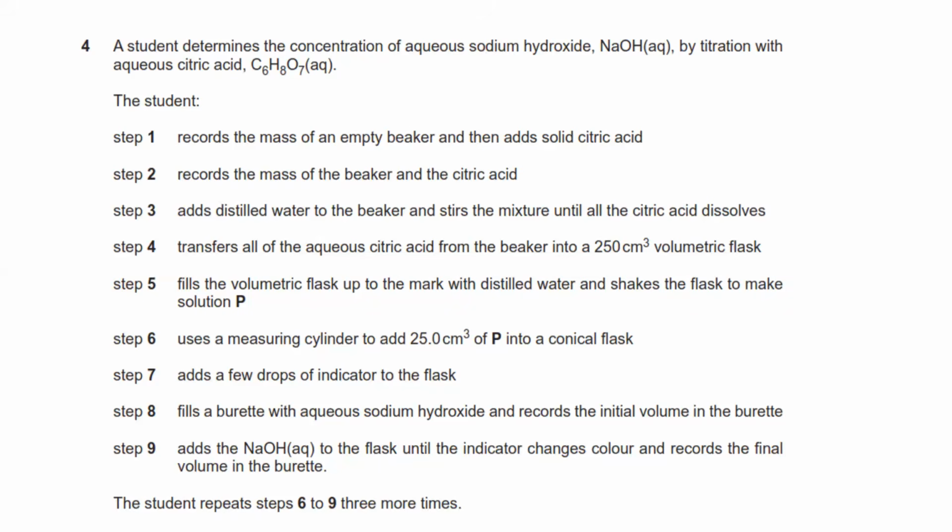Step 8, fills the burette with aqueous sodium hydroxide and records the initial volume in the burette. Step 9, add sodium hydroxide to the flask until indicator changes color and records the final volume of the burette. The student repeats the steps 6, 7, 8, and 9 3 more times. Okay, so basically he's performing titration reaction.